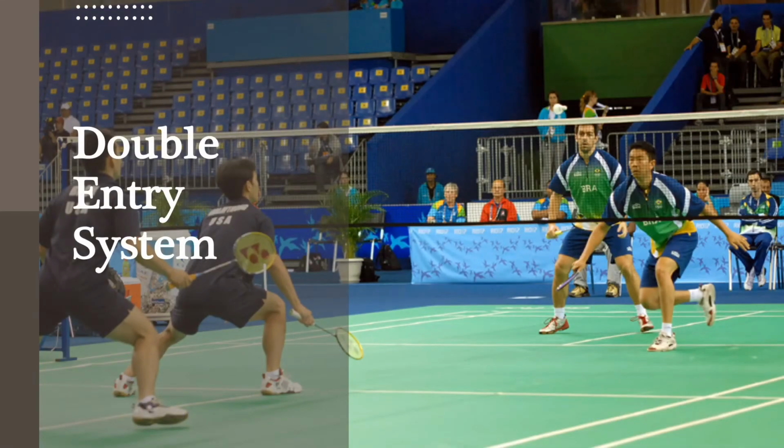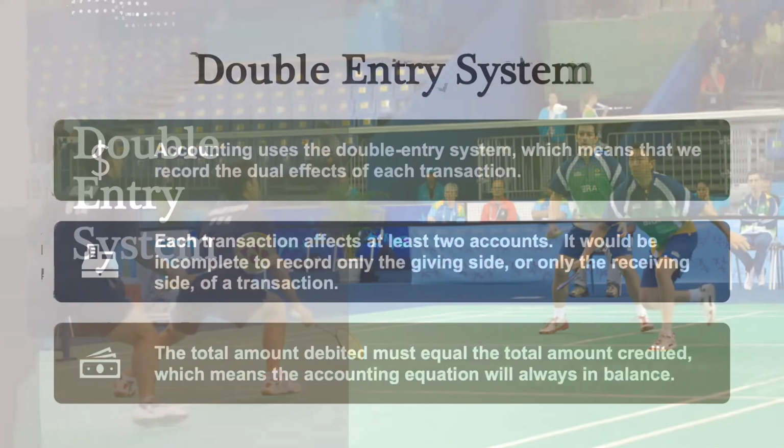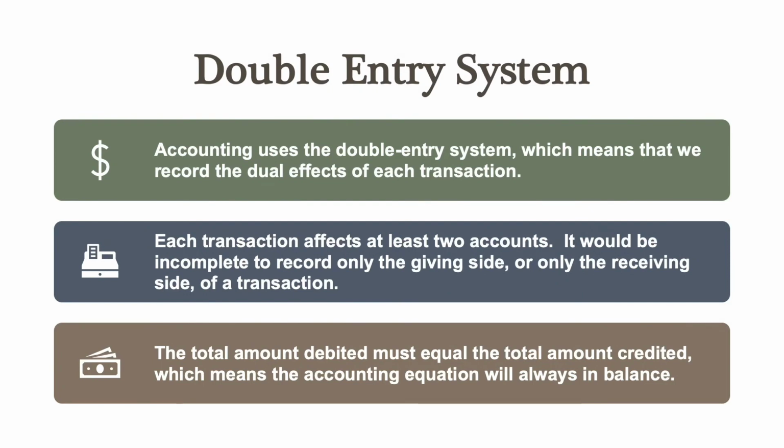Now we go to the final part, the double entry system, or in Malay, sistem catatan bergu. As you can see from this picture, what is the meaning of double entry accounting? Whatever we do in accounting, accounting uses the double entry system, which means that we record the dual effects of each transaction.